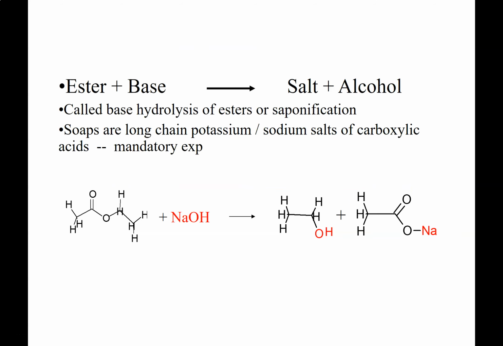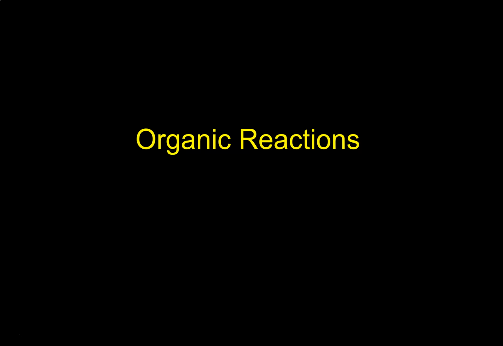So if you have an ester and a base, you form a salt and an alcohol rather than an acid and an alcohol. Okay, so this can be called base hydrolysis of an ester or saponification. We look at saponification in the lab. It's one of our mandatory experiments. Okay, and soaps are long-chain potassium or sodium salts of carboxylic acids. So that is an example that we look at in more detail in the lab rather than here in theory. And that is our first type of organic reactions.